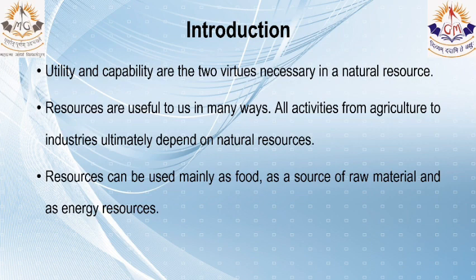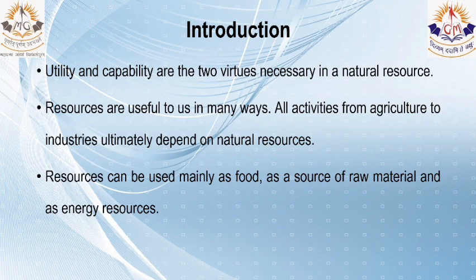Resources can be used mainly as food, as a source of raw material, and as an energy resource. There are lots and lots of uses of resources. So how do we understand this unless we do some sort of classification? If we don't divide it into some categories, then it is not possible for us to study it. So first, we need food, so we divide resources mainly as food. Second is a source of raw material. You use n number of factories that produce n number of things.